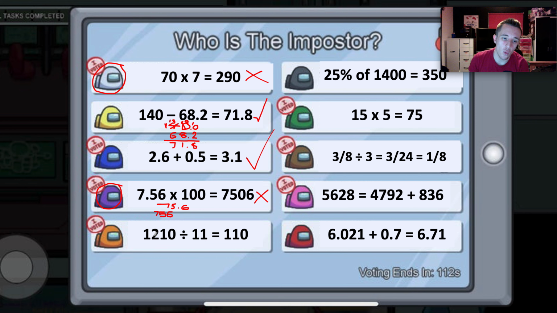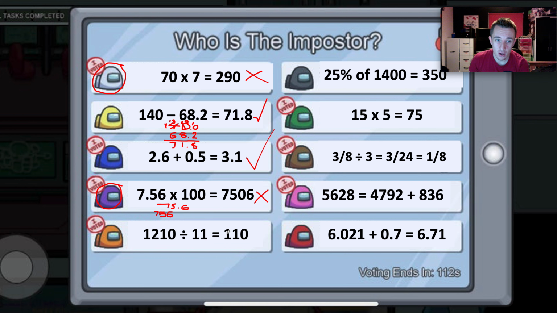Next one, 1,210 divided by 11 equals 110. I don't know that off the top of my head, but I do know that 121 is in the 11 times tables, because I know that 11 times 11 is 121.